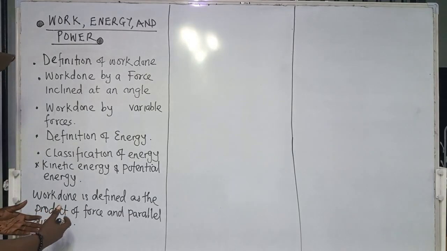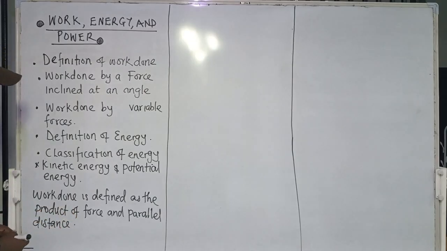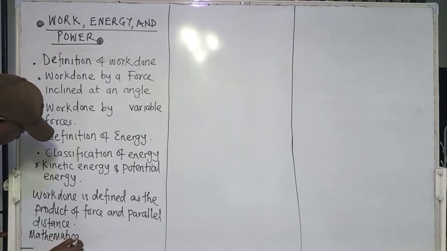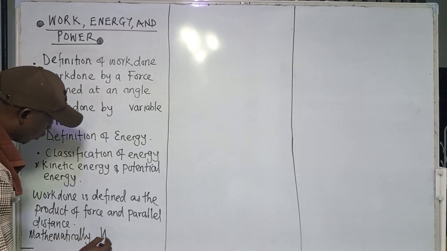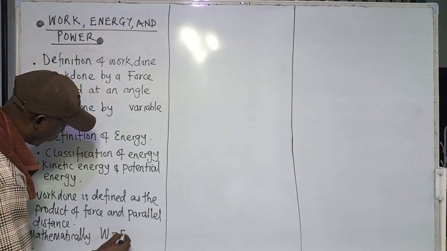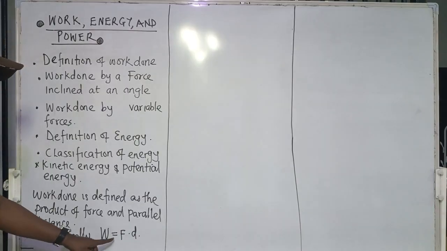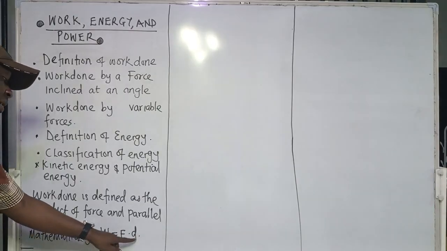Now, mathematically we can write it as: work done is equal to force dot distance. So that means work done is the product of force and distance.